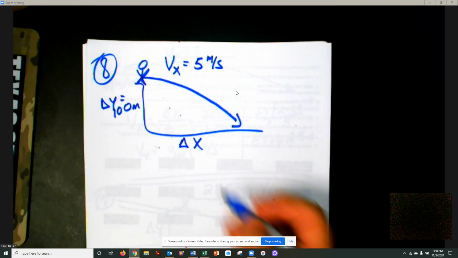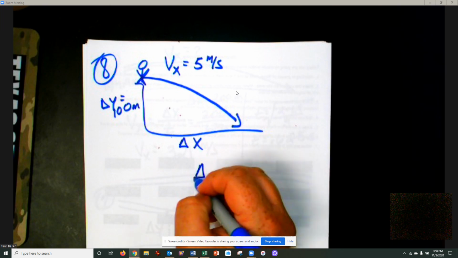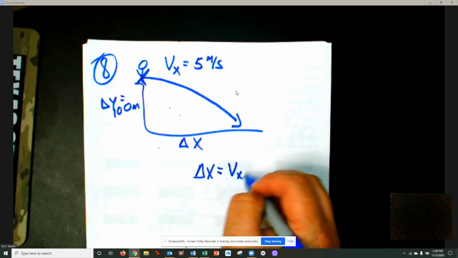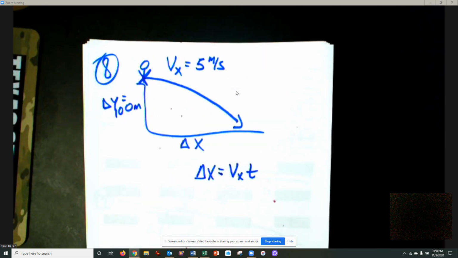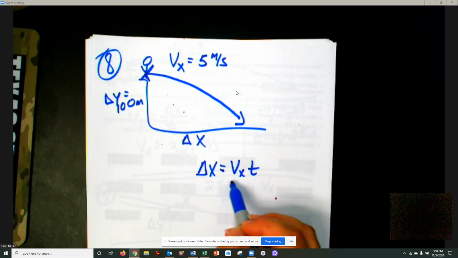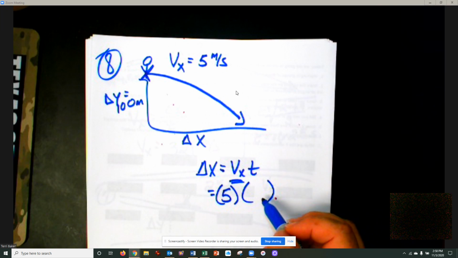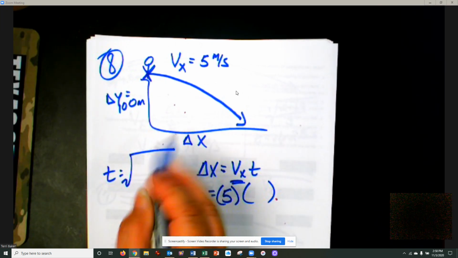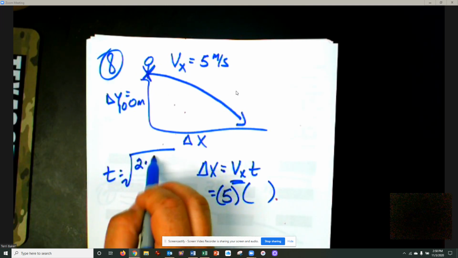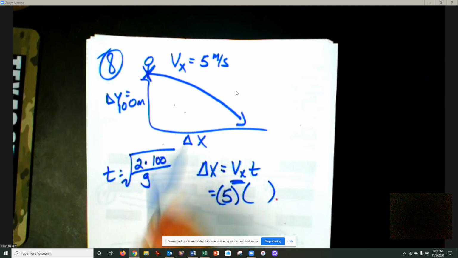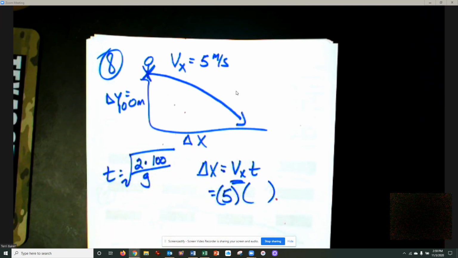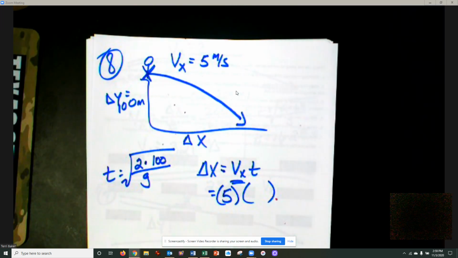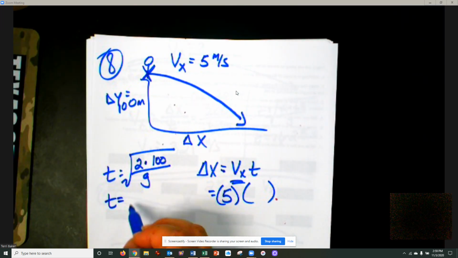Okay, here we go. Delta x equals Vx times t. We're using that equation again. We're given this, but we need time. Well, they gave us the vertical, so we can calculate time: 2 times your vertical divided by g, take the square root of the entire thing.